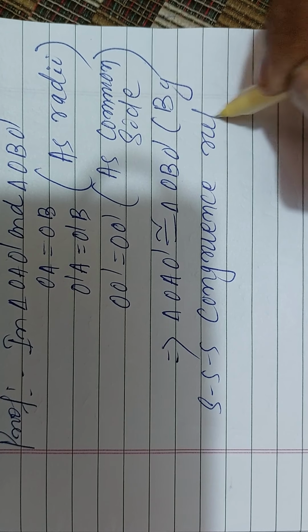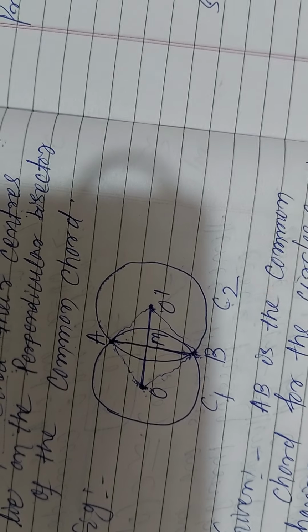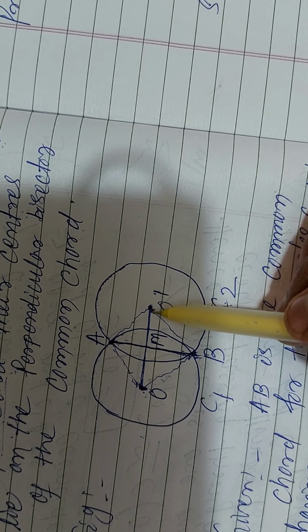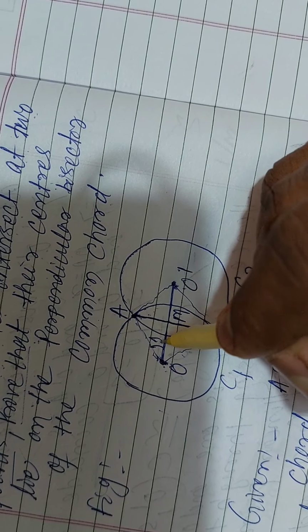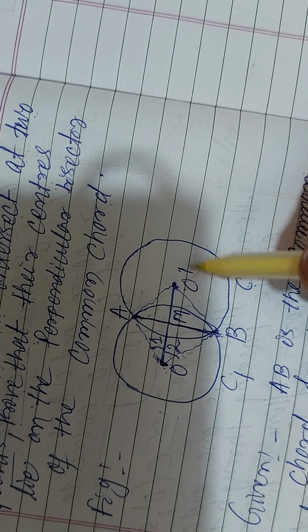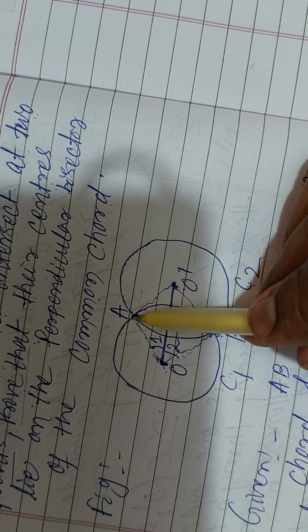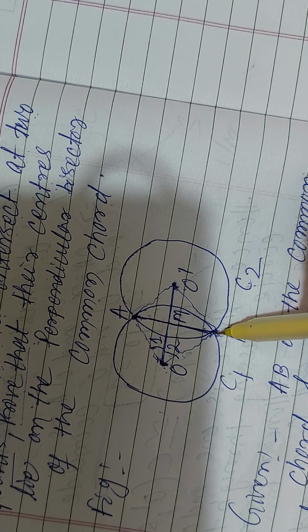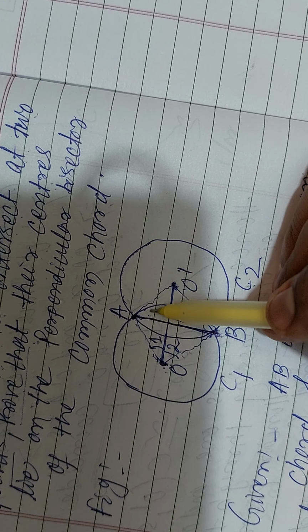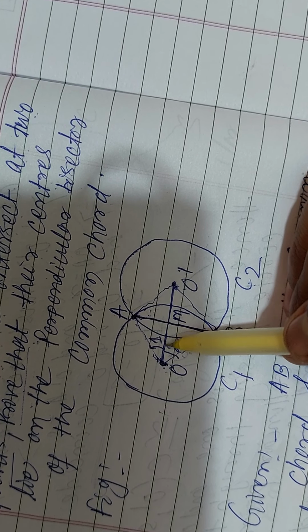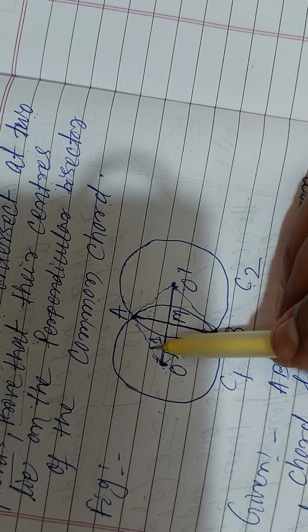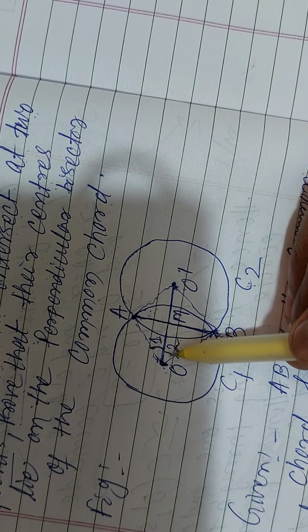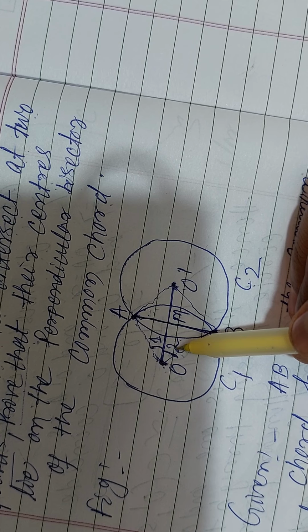Right, students? For the easiest method, angle 1 is equal to angle 2. Why? Because after congruency, the angles opposite to equal sides are equal. We just need these two, so I am naming this angle 1 and this angle 2. It is easy for you.